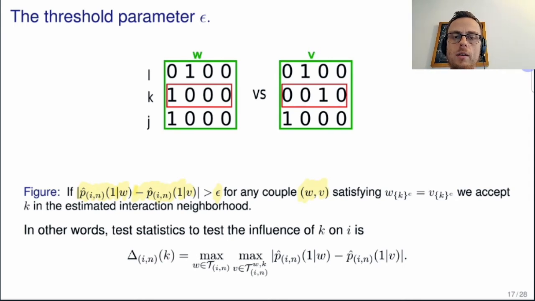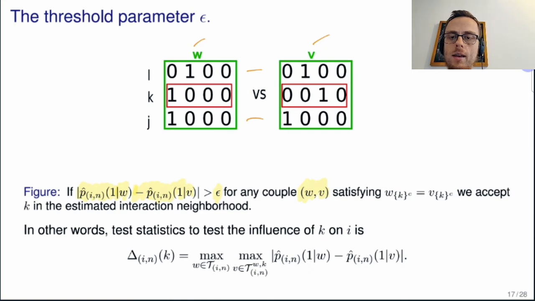And just to repeat here with a picture, imagine that I have a given local past w and another local past v, which are identical outside k, which can be very easily verified in this case. And also, let's assume that they are different with respect to the k-th coordinate, which we can see in the picture.